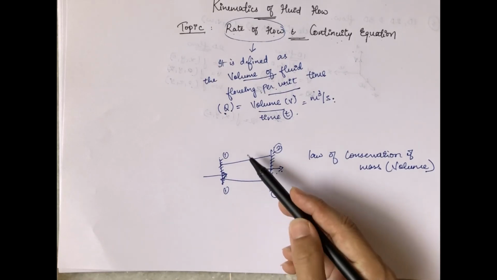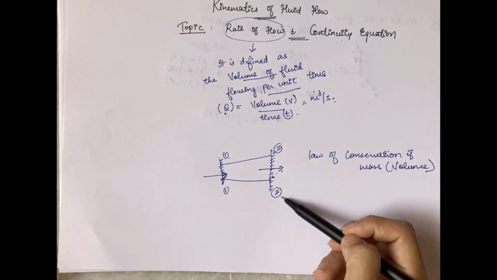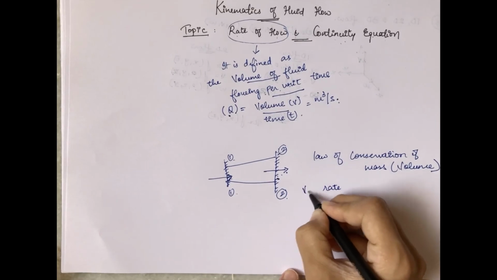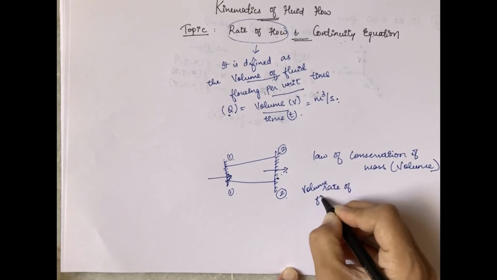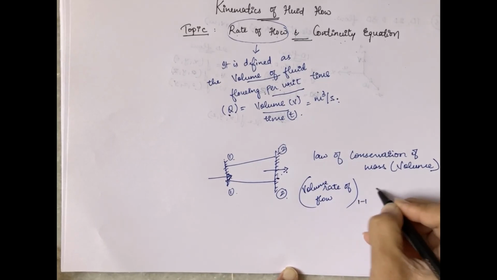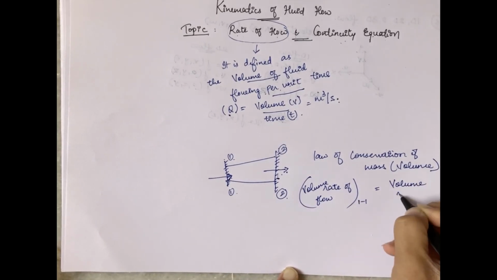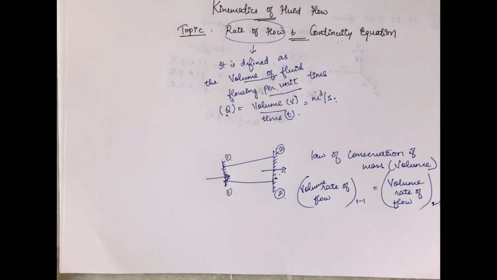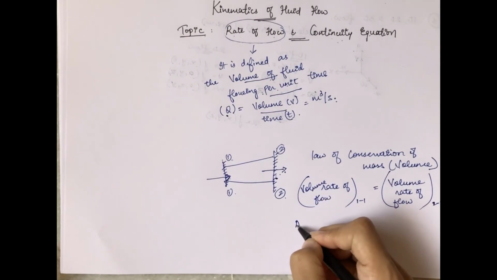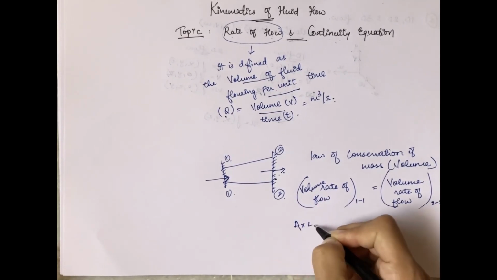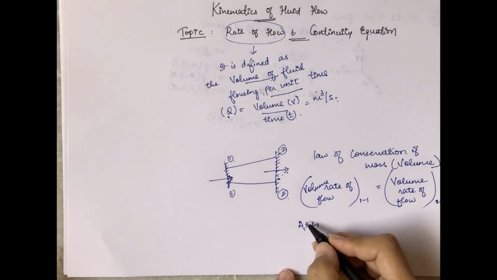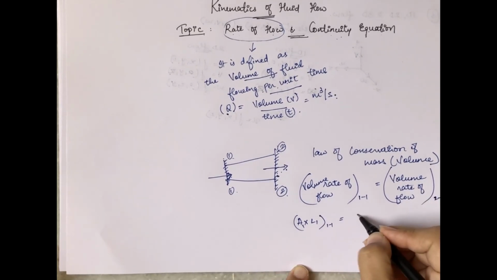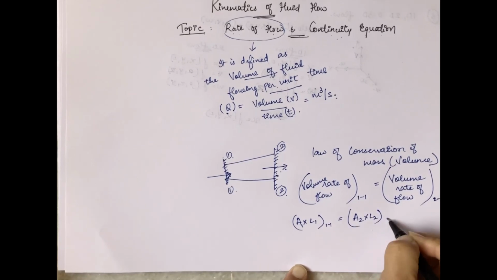Writing the equation at section 1 and section 2, the volume rate of flow at section 1 is equal to the volume rate of flow at section 2. Volume is nothing but area into length. So A1 L1 at section 1 is equal to A2 L2 at section 2.